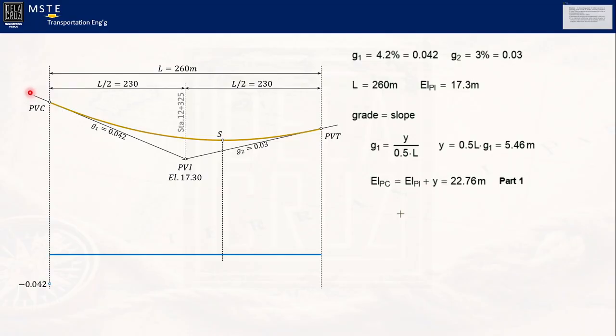Again, that is negative because that is descending. Ito naman, the grade at this point, at the point of tangency is 3%. So, we'll just connect these two, like this one, no? And this will be our grade diagram.